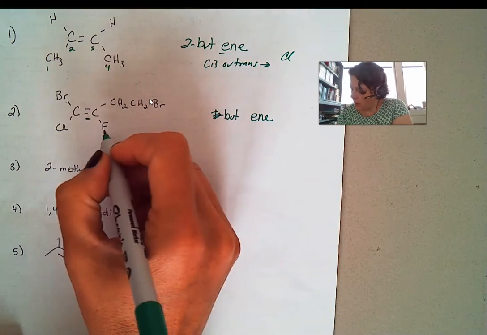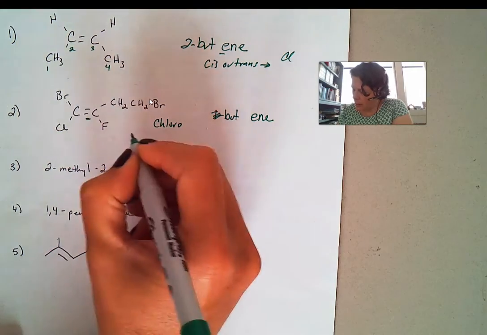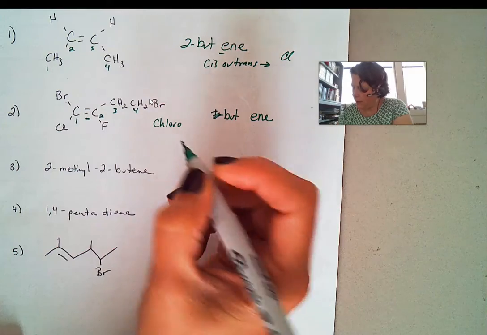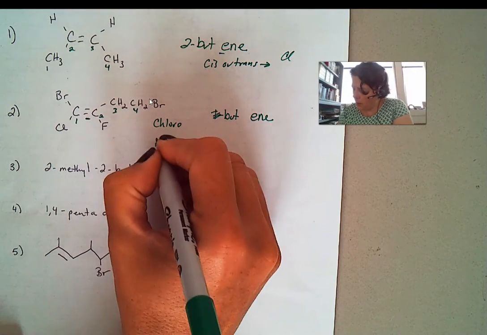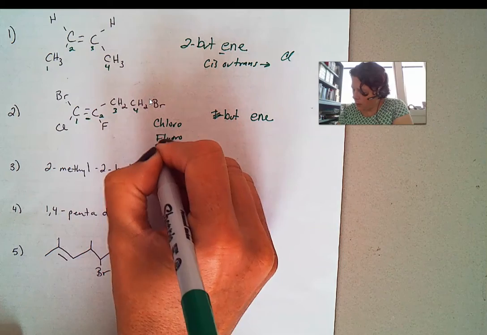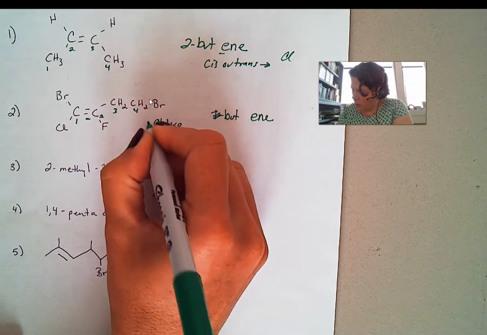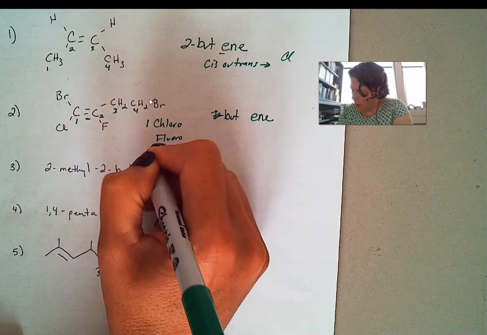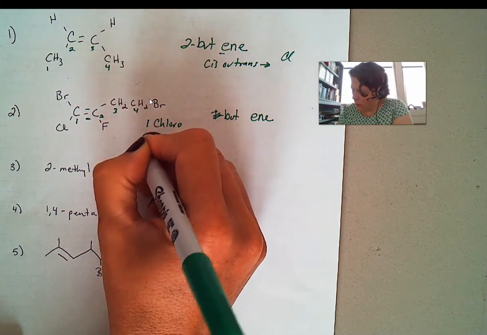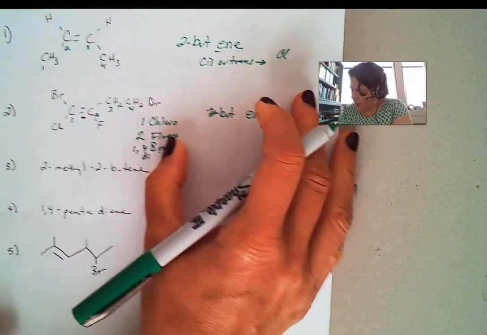So over here we have a chloro, and so we're going to put this on 1, 2, 3, 4 here. So we have a chloro group, we have a fluoro group, we've got bromo groups. We have chloro on 1, we have bromo on 1 and 4, and then we got fluoro on 2, so this would be dibromo.